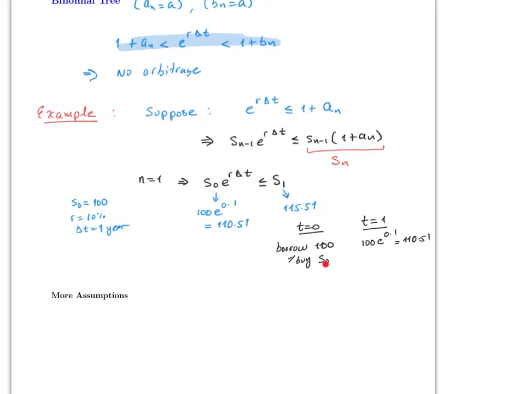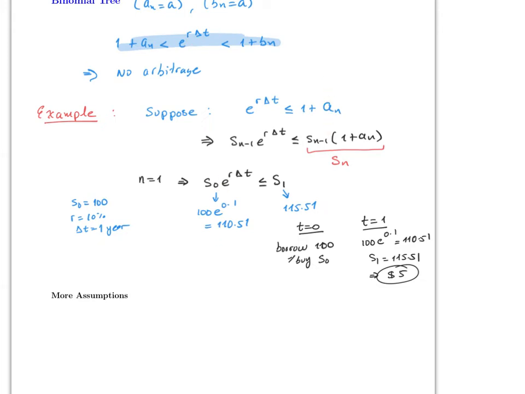But since you bought a stock, now you have a stock, which in 1 year is worth $115. So therefore you automatically made $5 for free. So if this is the case, this will produce arbitrage. So that's why this has to be strictly less than this.